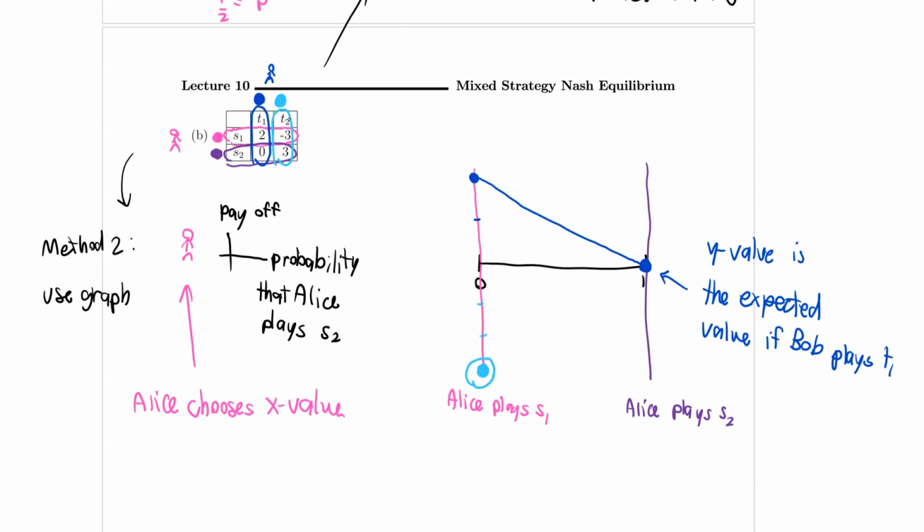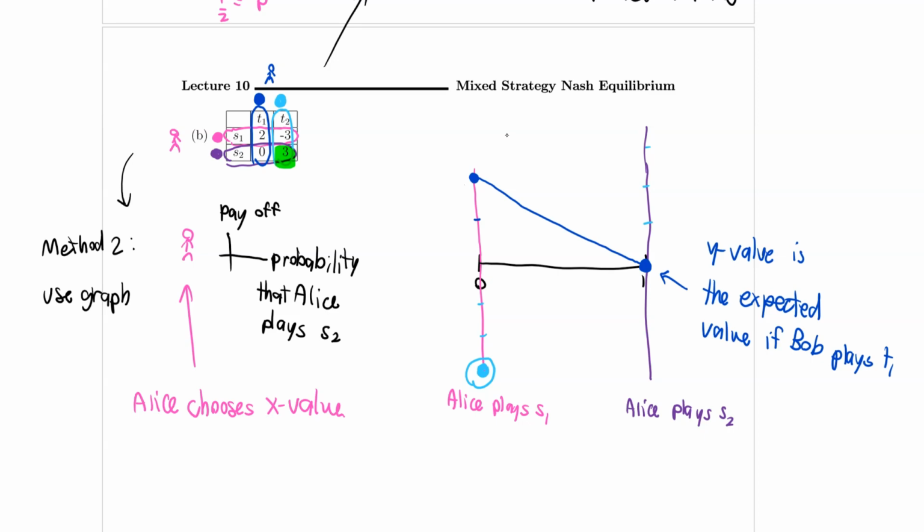So this point will correspond to this point here. On the other hand, if Alice plays purple, and that corresponds to this line, and Bob plays light blue, the payoff is going to be 3. So the payoff, which is the y value, is going to be way up here.